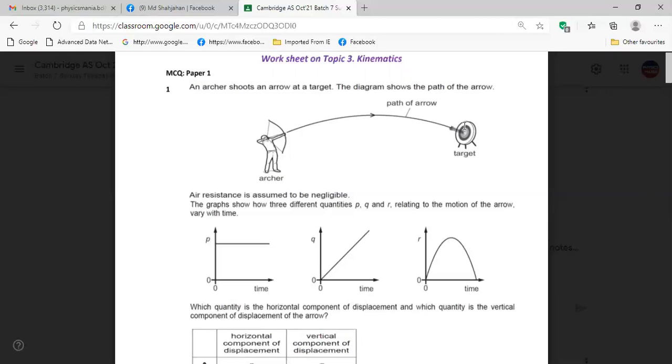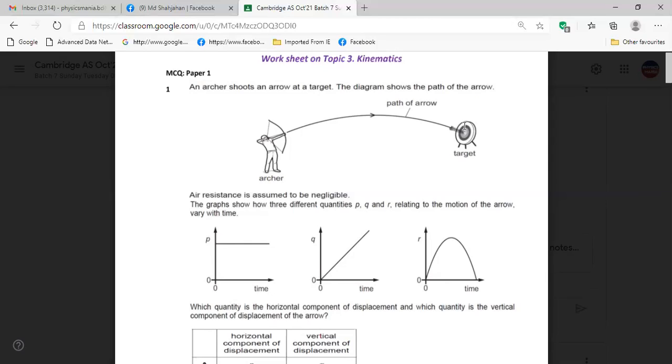Because the vertical component is affected by gravitational force, but the horizontal component is not affected by the force. That's why we say the horizontal component of velocity is constant. So this is constant velocity. It's going with constant velocity, right?